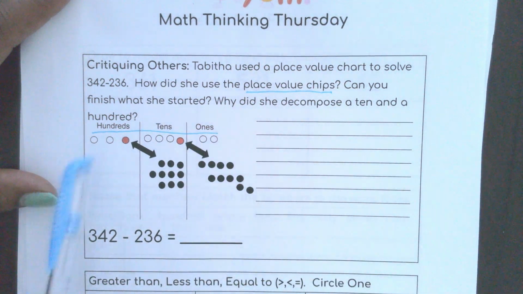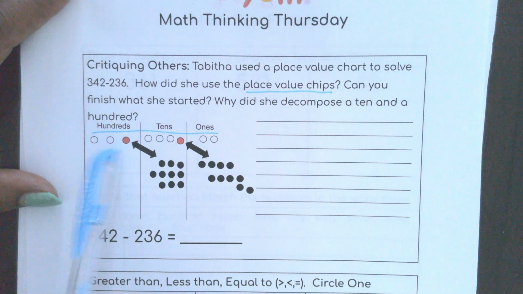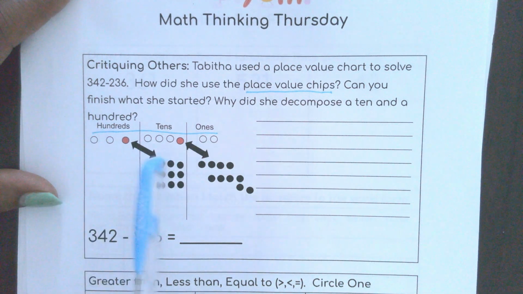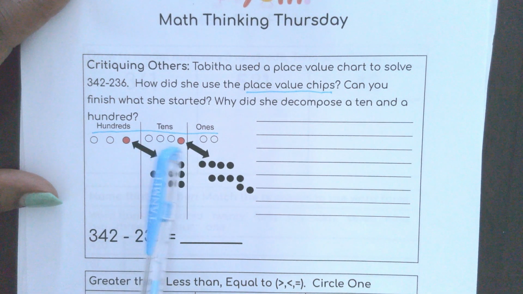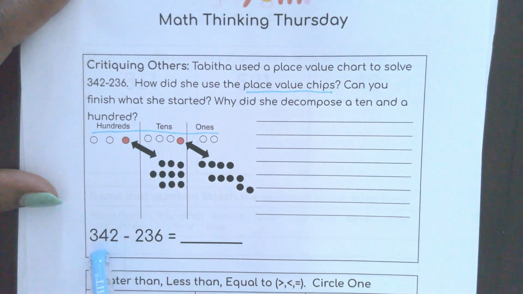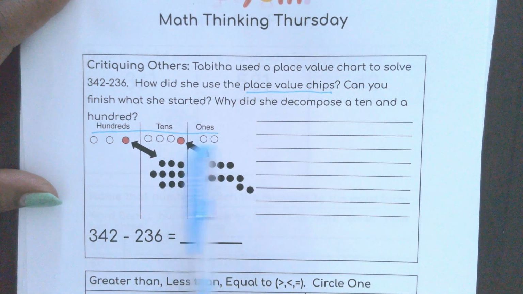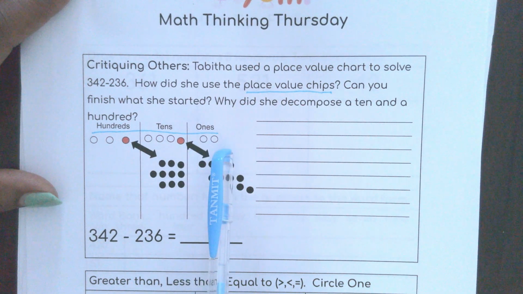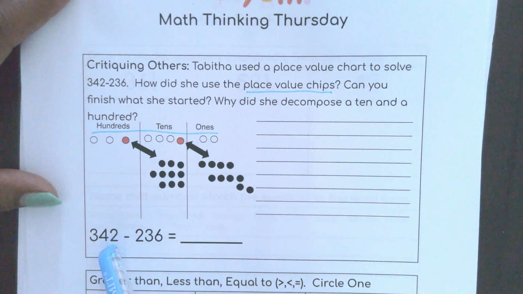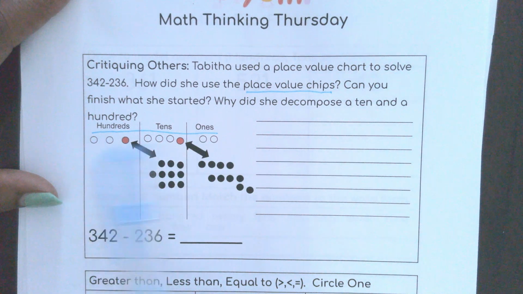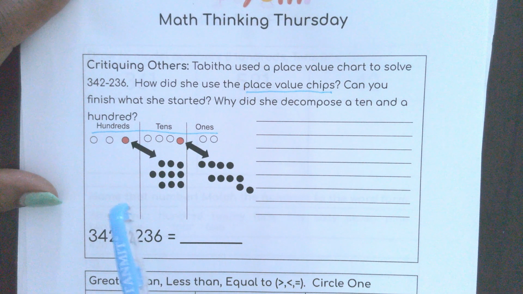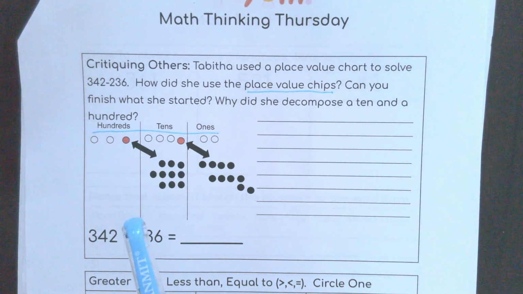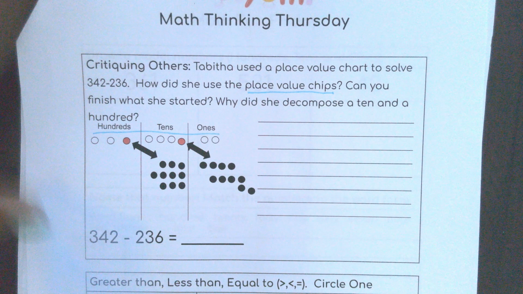So the 3 chips I have here represent 300. The 4 chips I have in this section represent 40, the 4 tens. And the 2 chips I have here in the ones place, they represent 2 ones. So here when I say the word chips, I don't mean potato chips or Dorito chips. I mean chips like little coins, little circles, just like they are here.